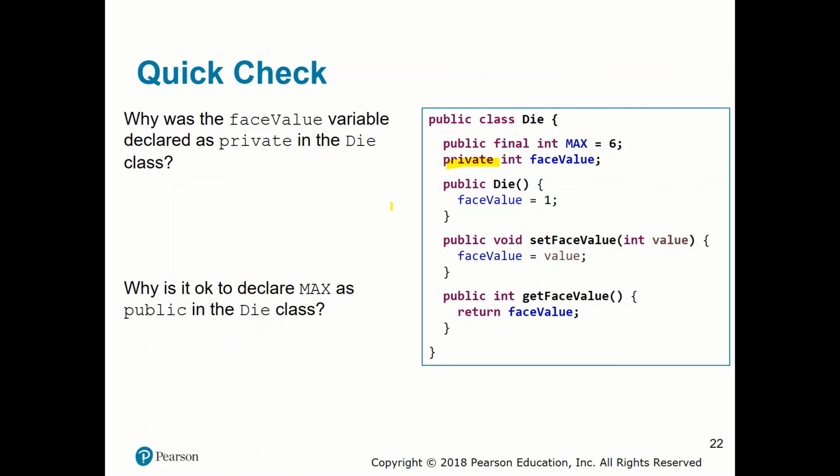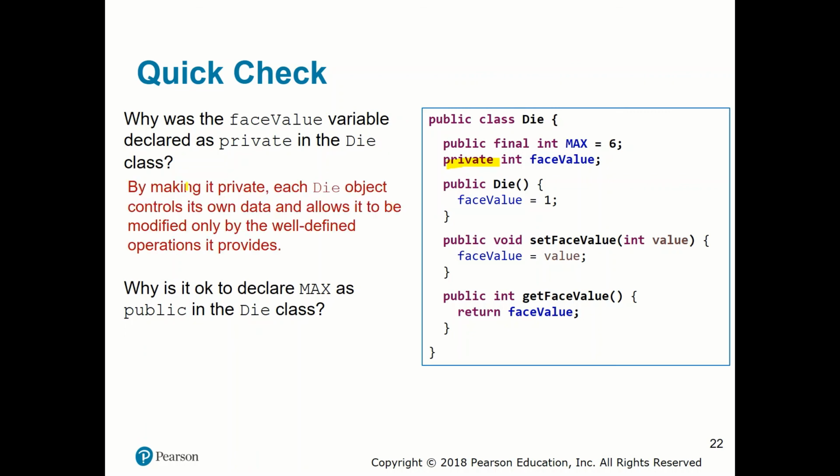It's because by making it private, each Die object controls its own data and allows it to be modified only by the well-defined operations it provides. This means that faceValue is private because we should protect this data. And to access this data, we can use a setter, mutator, or getter, accessor, like this.